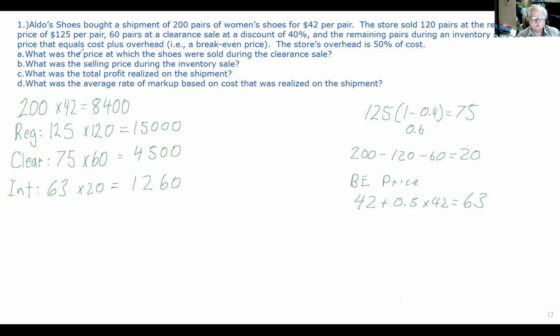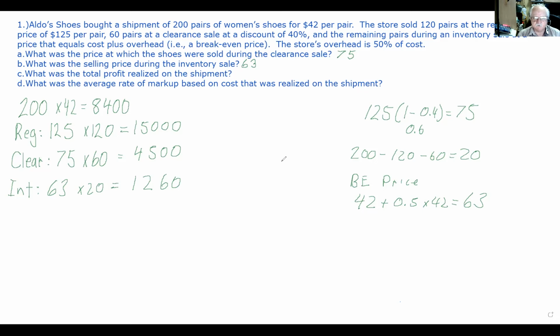So now that we've generated all this, let's take a look. Part A said, what was the price at which the shoes were sold during the clearance sale? And we figured that out. The answer to that was 75. What was the selling price during the inventory sale? And we figured that out. That was 63. Now they're saying, what was the total profit realized on the shipment?